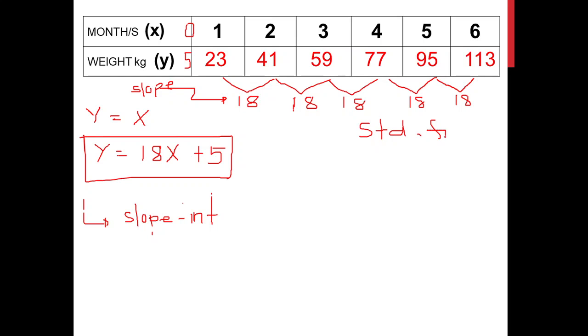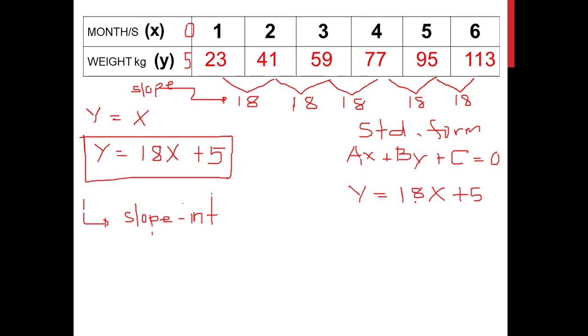Now let's go ahead and transform this one into the standard form. How do we transform this one into the standard form? Ax plus By plus C equals 0. Again, let's write our equation here. y is equal to 18x plus 5.